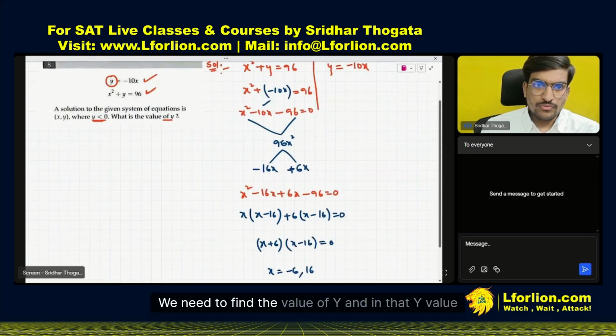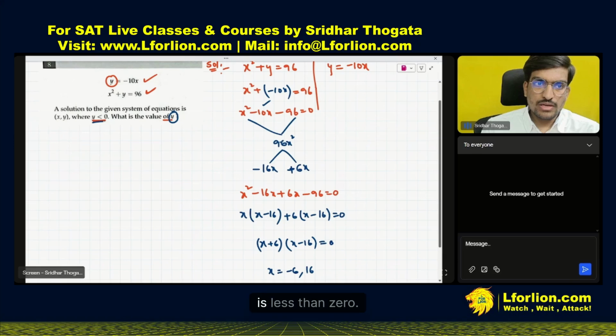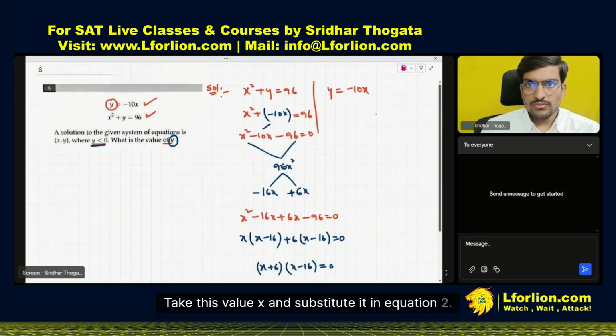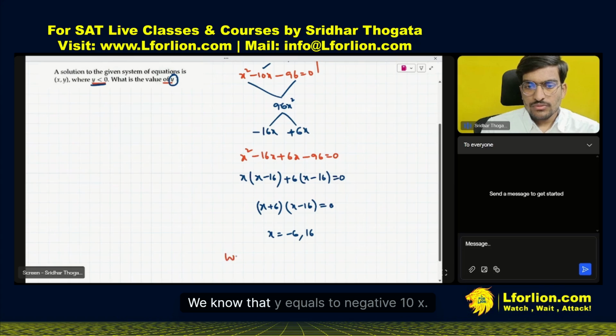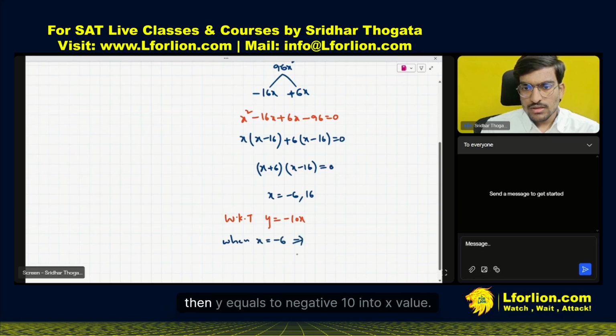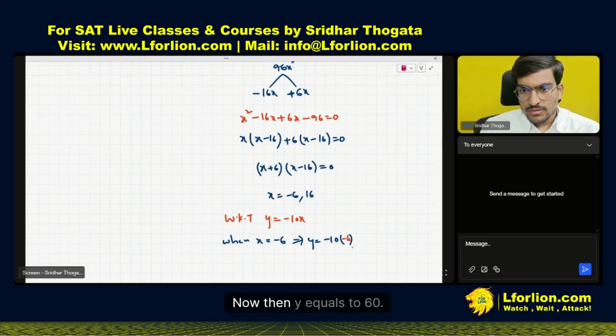But what do we need? We need to find the value of y, and the y value is less than 0. Take this value of x and substitute it in equation 2. We know that y equals negative 10x. When x equals negative 6, y equals 60.